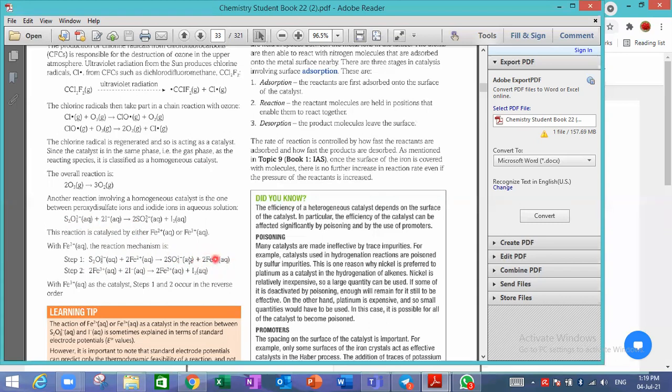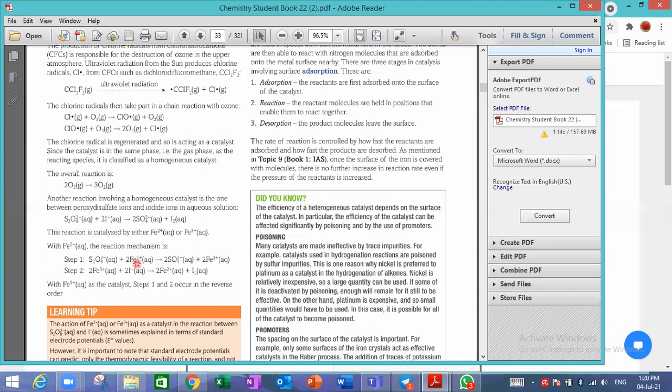And then the iron plus 3 will react with the second reactant, which is the iodide, and being reduced into iron plus 2 and iodine, which is the second product, is formed. So here, the iron plus 2 is our catalyst. We started with iron plus 2 and we ended up also with iron plus 2. Whenever something enters and comes out at the end of the reaction without being used up or without being changed in its usual form, then it's a catalyst.